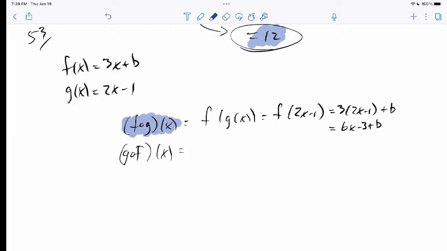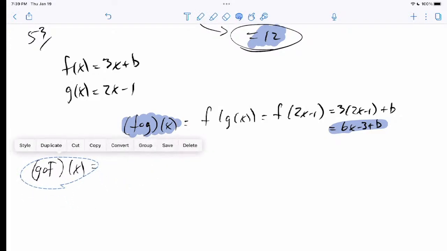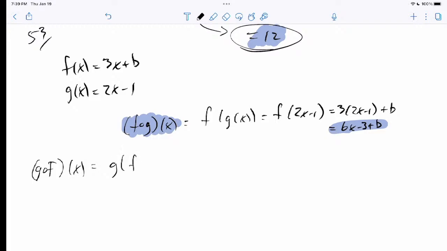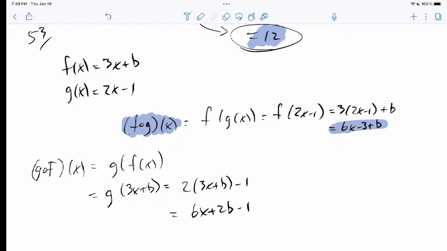So f composite g at x is 6x minus 3 plus b. And if I calculate g composite f at x, it's 2 times 3x plus b minus 1, which is 6x plus 2b minus 1.